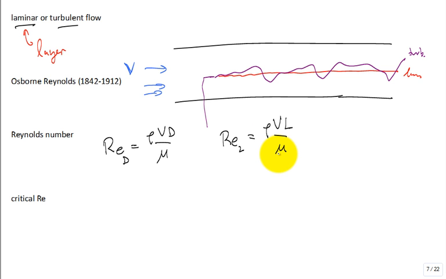Well, how do we interpret this Reynolds number? Ratio of inertial forces, which promote turbulent, divided by viscous forces, which promote laminar flow. Turbulent over laminar, inertial over viscous.